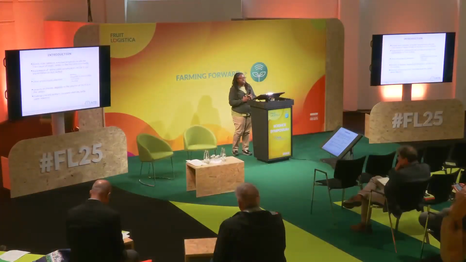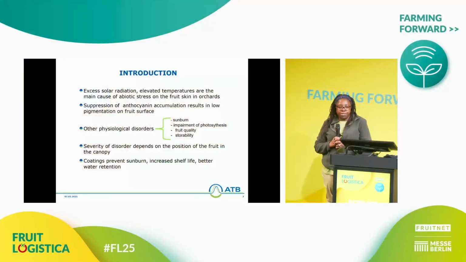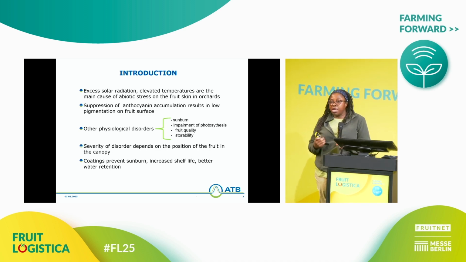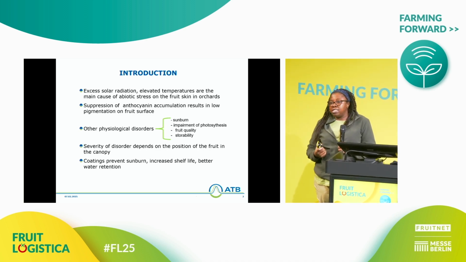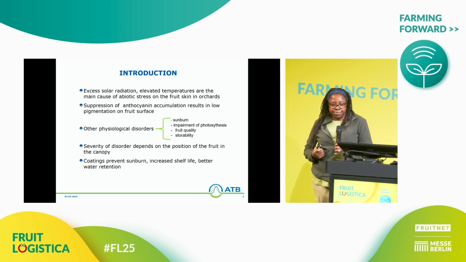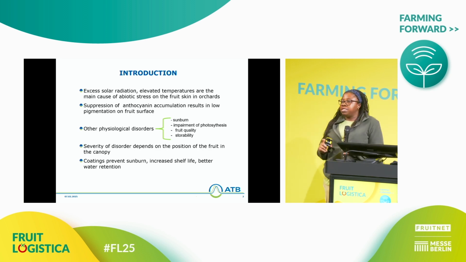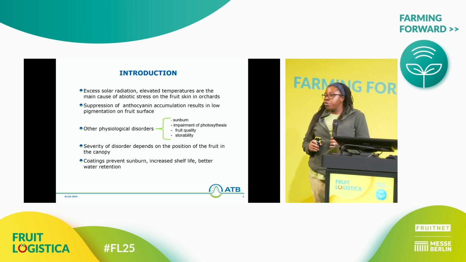Those conditions can also cause suppression of anthocyanin accumulation that can result in low pigmentation on fruit surface. Other physiological disorders caused by those conditions include sunburn, impairment of photosynthesis, and negative impact on fruit quality and storability. The severity of those disorders also depends on the position of the fruit in the canopy.